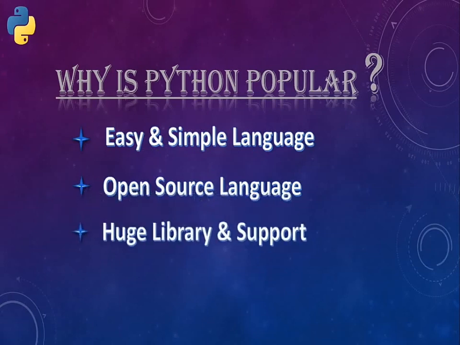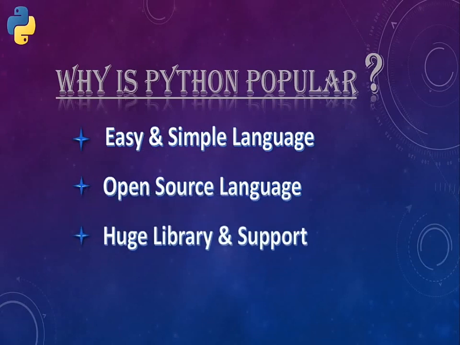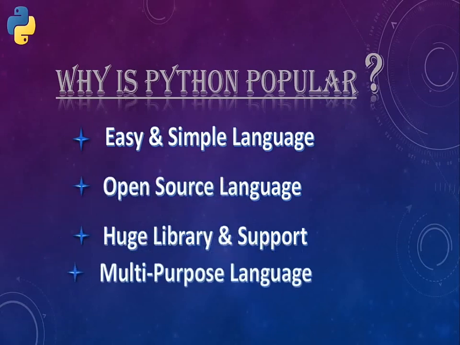Third, library and support. Python has a great community and support of people who constantly make libraries. Python has almost 1.3 lakh libraries already available. Python libraries play a vital role in developing machine learning algorithms, data science, data visualization, applications, and many more. Fourth, multi-purpose programming language.